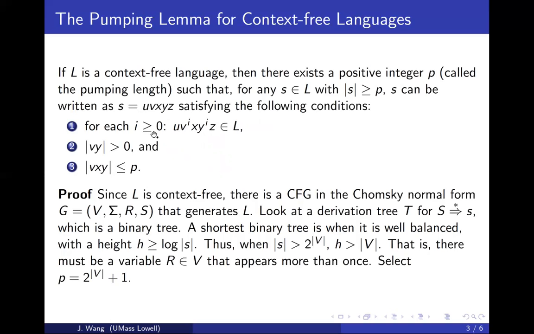Number one, for any i greater than or equal to 0, you can pump V and Y, either pump it up or pump it down, so this string is still in L.